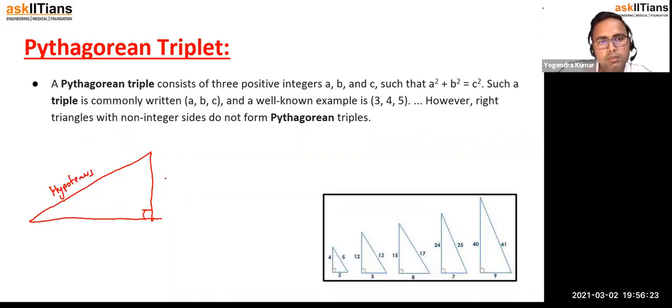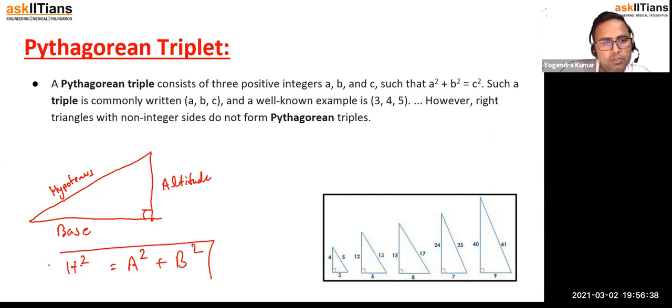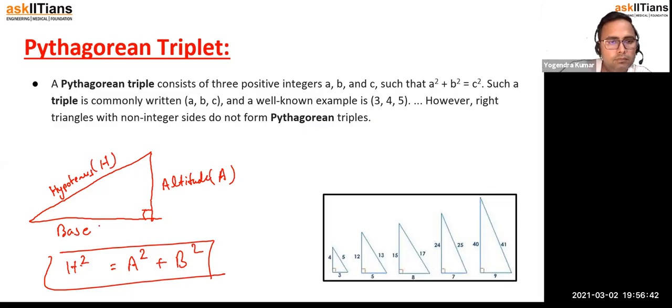This is the altitude, and this is the base. So hypotenuse square is altitude square plus base square, right? This is what you need to remember. So this is our Pythagorean triplet.